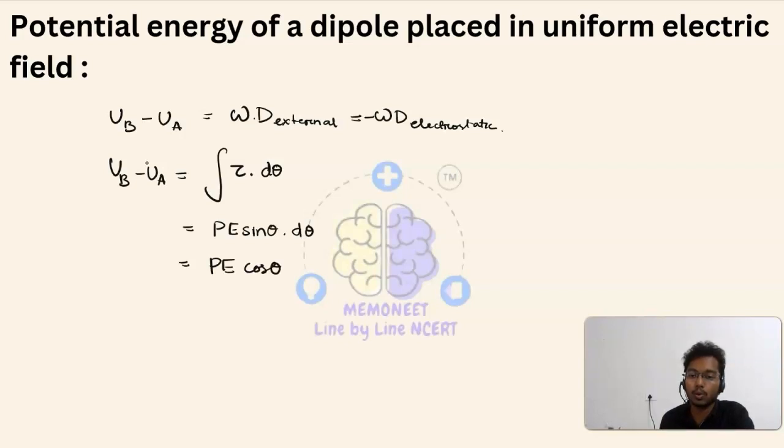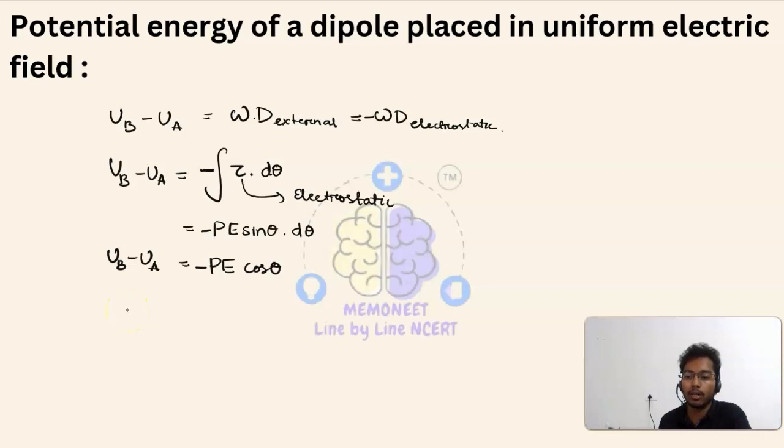Here this tau is for the electrostatic force, so we write it as negative. So UB minus UA, the change in potential energy, is equal to minus pE cos theta.